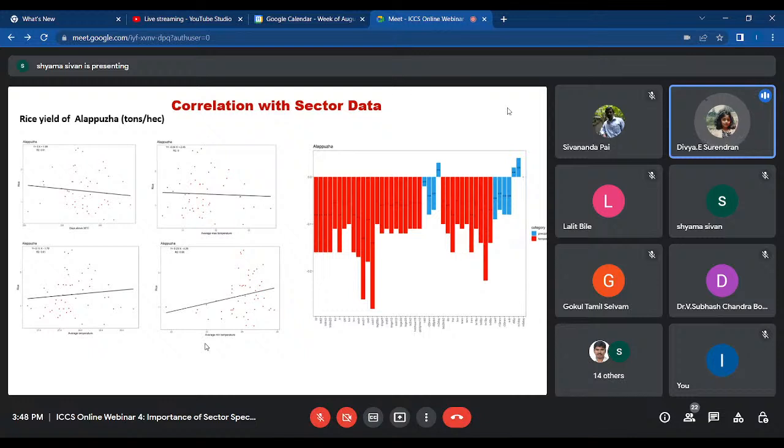So is there any increase or rise seen in any crop? In that way we can understand this impact also, with respect to the past data. Next slide.